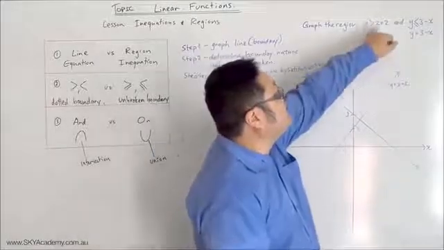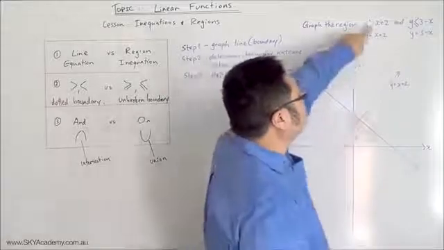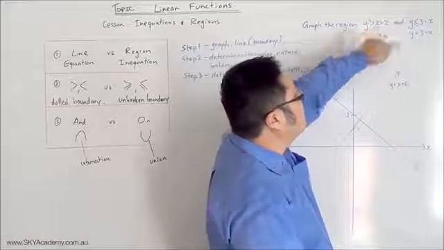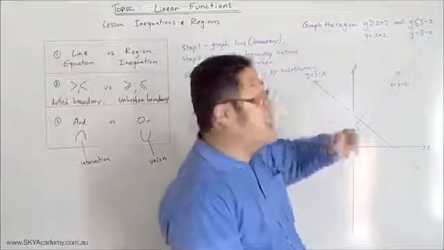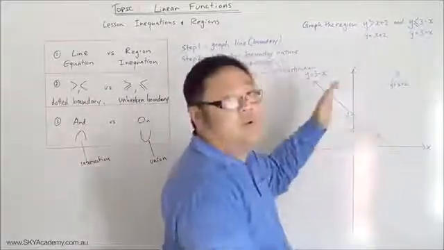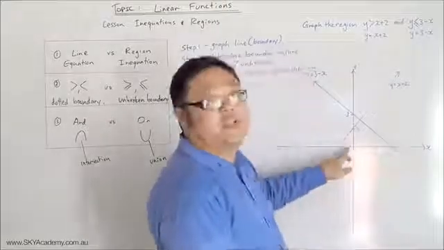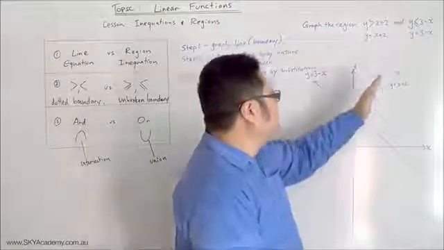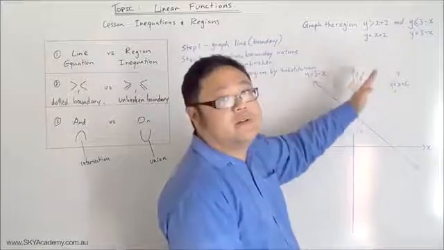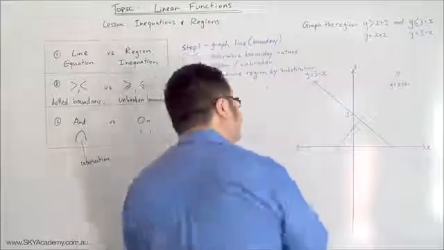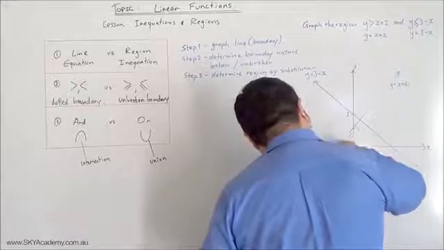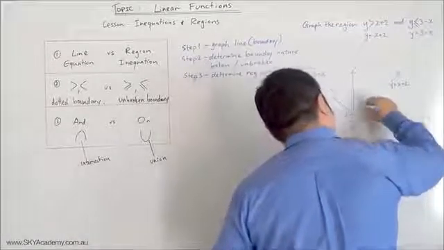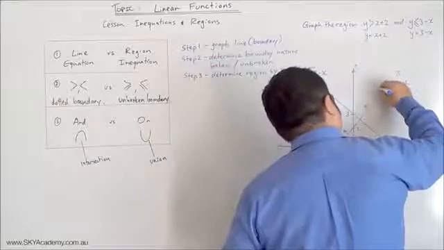So let's put in 0, 0 and see what happens. 0 is greater than 0 plus 2. 0 plus 2 is 2. So is 0 greater than 2? No. So it's not going to include the region that has the origin in it. So it's going to include the other region, okay, the other side. And so I'll show that by putting little arrows to indicate that that's the region that I'm concerned with.